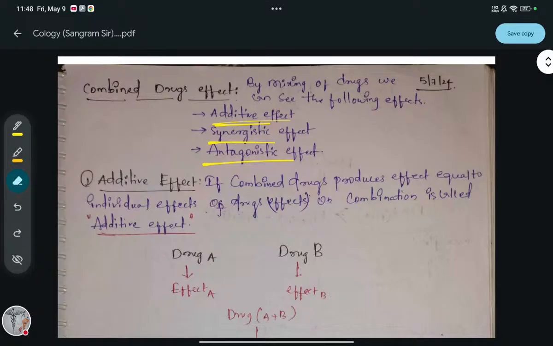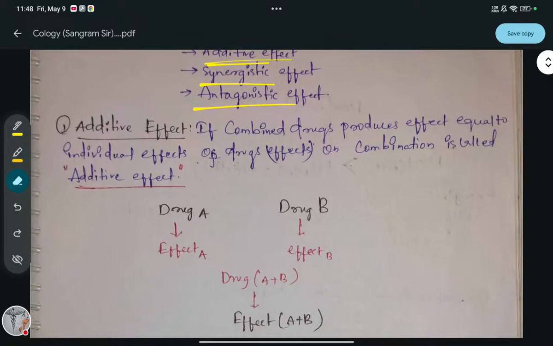Next important thing, we will see each and every concept a little bit deeper. So first of all, additive effect. In this additive effect, what will happen? The combined drugs produce an effect equal to the individual effects.